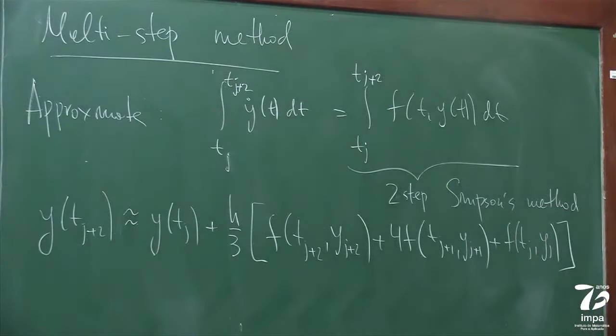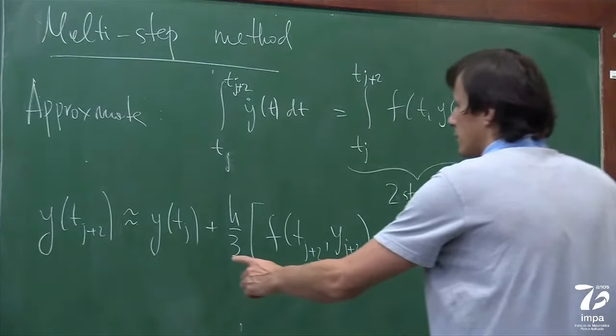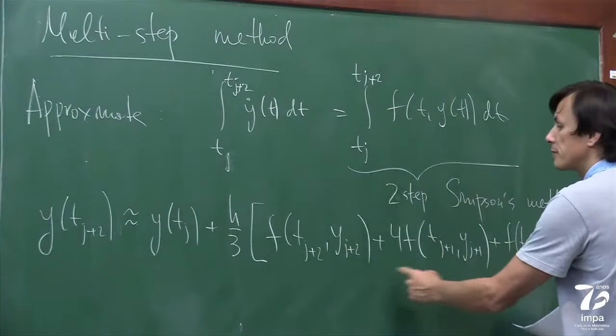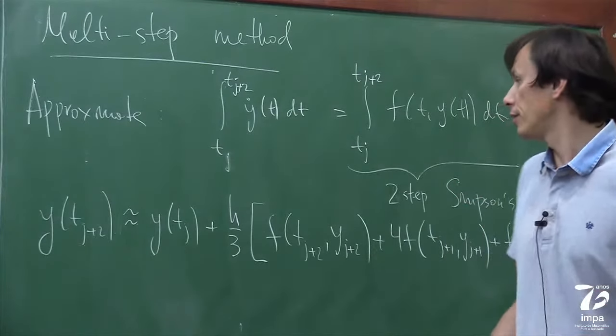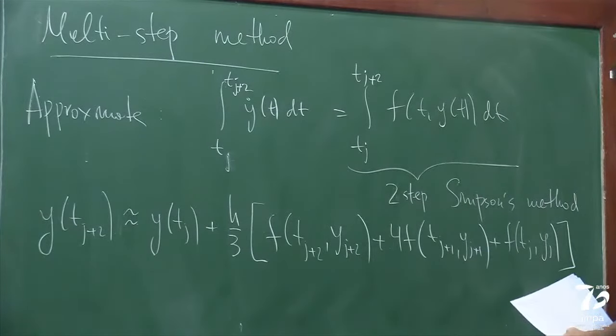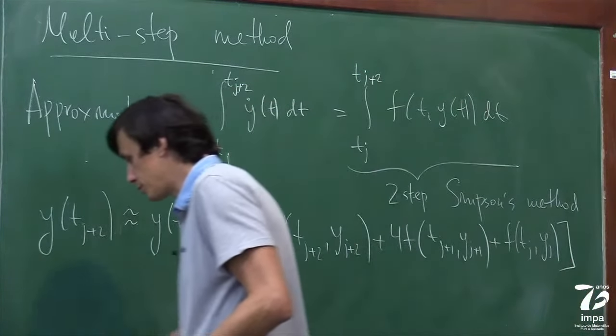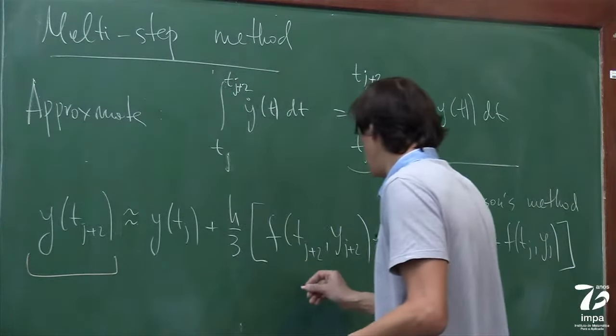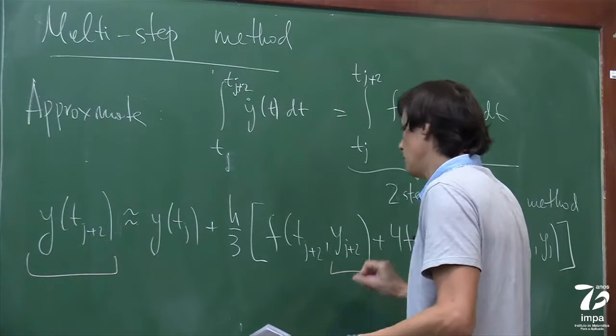So this is already a two-step method, because we approximate the new value from the 2 previous steps in our procedure. And what you can directly see from this expression is that the new value which we need to compute appears here and here.